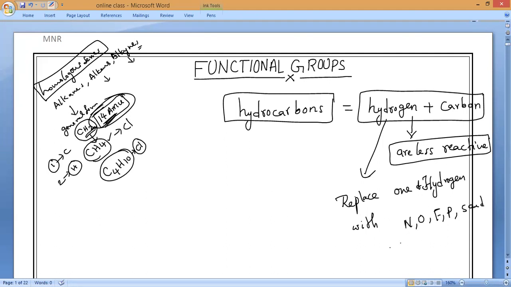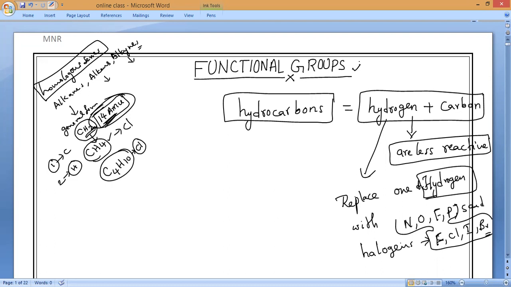Do you know all the halogens? What are the halogens, guys? Fluorine, chlorine, iodine, bromine, etc. So, if I replace the hydrogen with these kinds of atoms, do you understand, everyone? That is called a functional group.